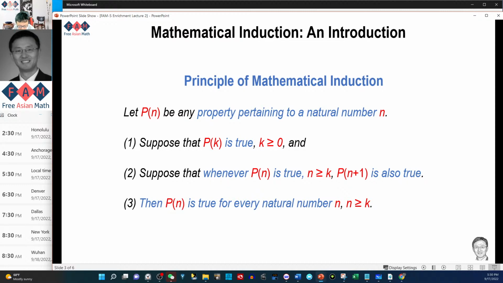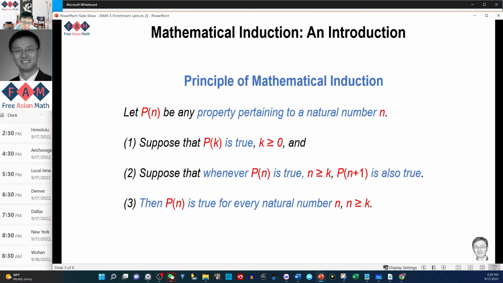If this is true, now we need a second hypothesis, which is all important, super critical for this principle. Let's just assume this property Pn is true, n is a natural number equal to or greater than k.